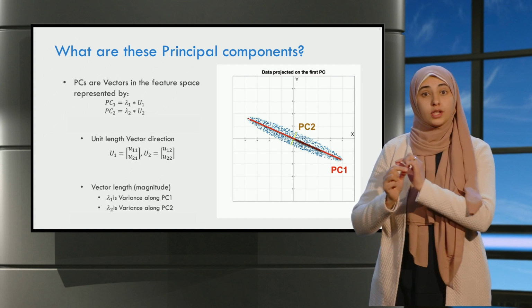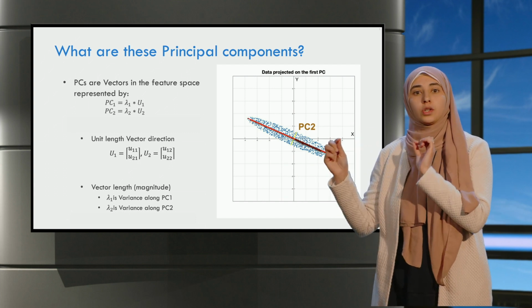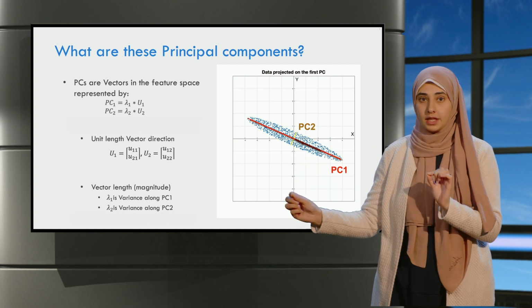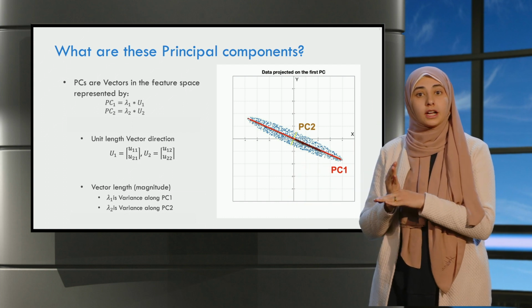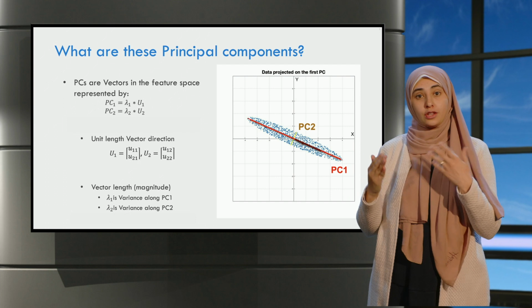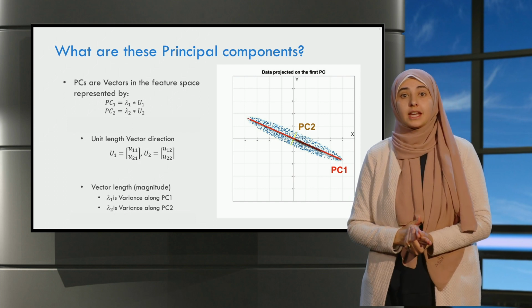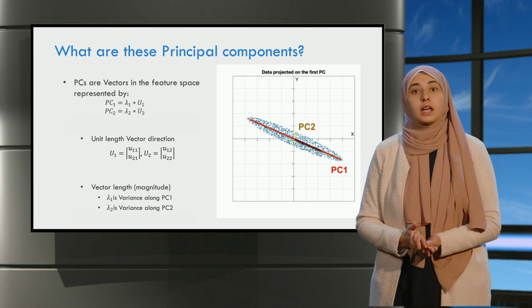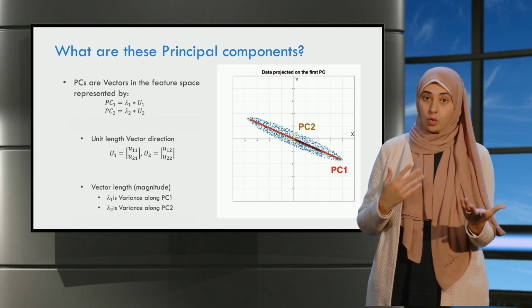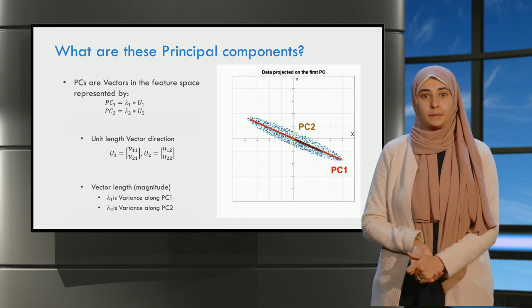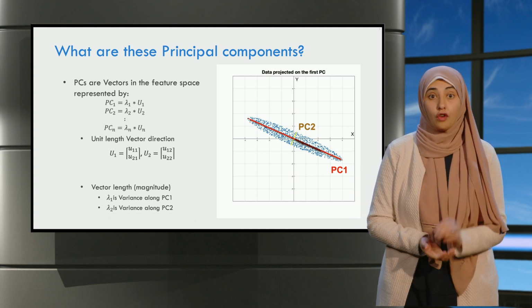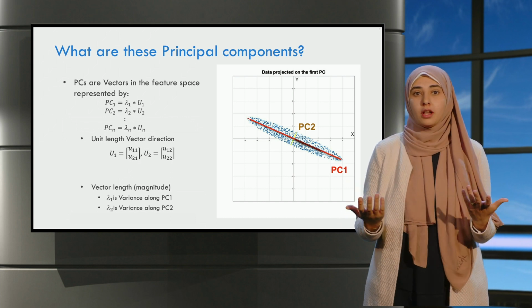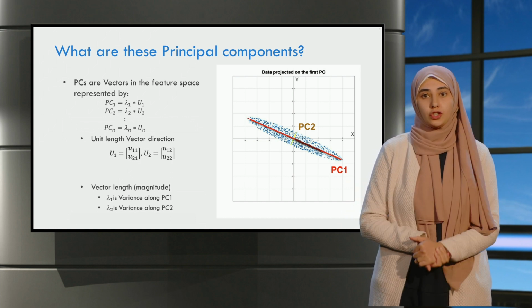That way, the horizontal axis always contains the maximum variance of the data, and the orthogonal direction contains the remaining variance of the data. This is in case of having only two features in the original space. Of course, this can be generalized to a space of n features.